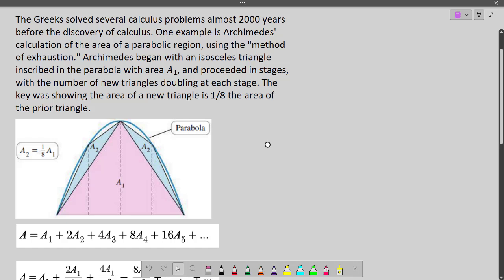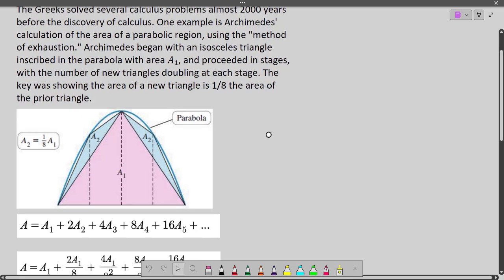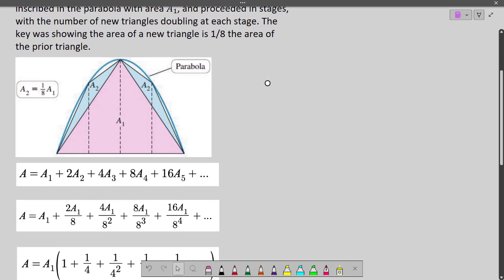And this is long before calculus, and the question was, what is the area of a region that has a curved boundary? So up until these times, you could only find area of polygonal type shapes where you had straight edges, or a circle, or an ellipse. Few curved objects. But parabolas, they could not find the area of.